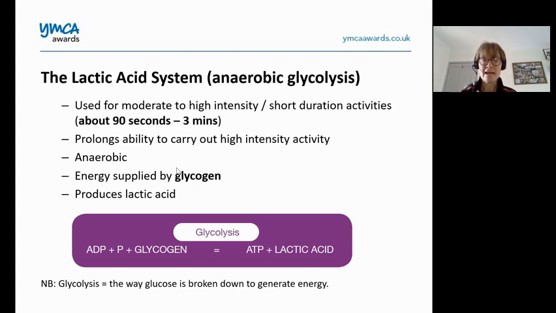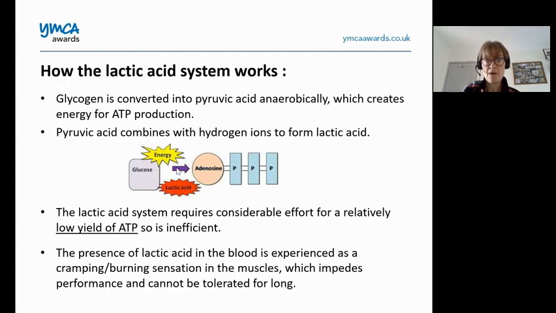Because it's anaerobic, this is what happens. You get your ATP plus your phosphate and your glycogen. Glycolysis happens, but because there's no oxygen, you get ATP and lactic acid. Without the oxygen, the glycogen is converted into pyruvic acid anaerobically, and that produces the ATP. But the pyruvic acid then combines with hydrogen ions to form the lactic acid.